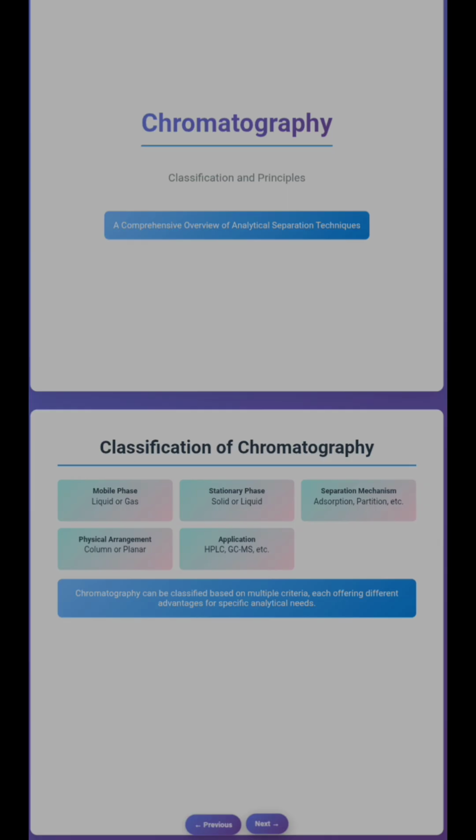Separation mechanisms are adsorption, partition, etc. Physical arrangement is column and planar. Applications include HPLC, GC, GC-MS and so on. Chromatography can be classified based on multiple criteria, each offering different advantages for specific analytical needs.